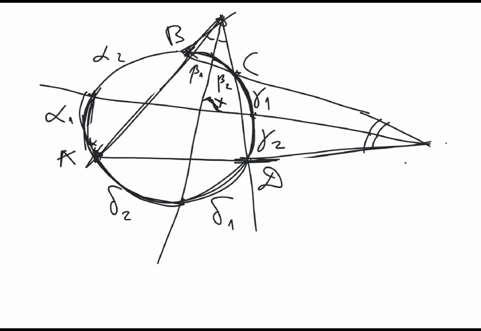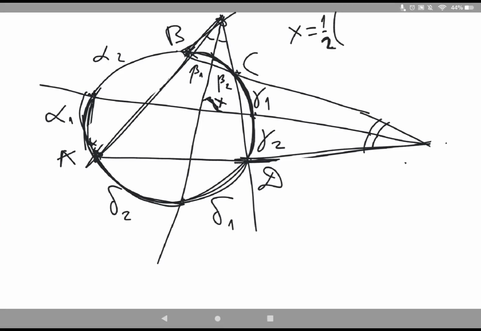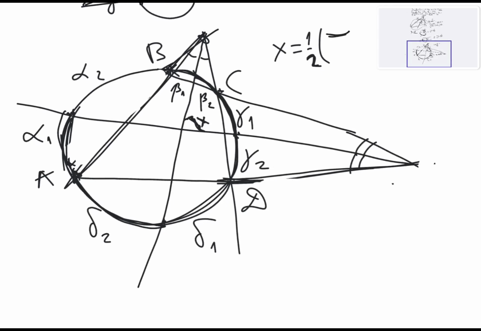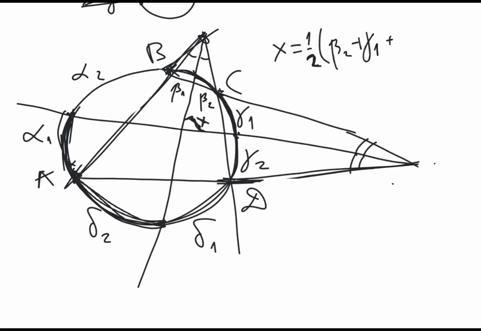So this angle x is equal to 1/2, using the theorem that I gave above, of the arc beta 2 plus gamma 1 plus this arc, this and this. So plus alpha 1 plus delta 2.